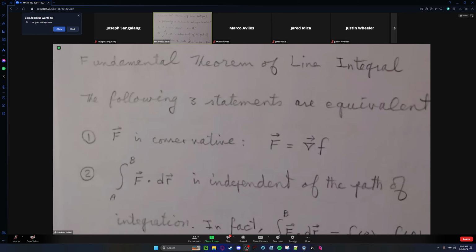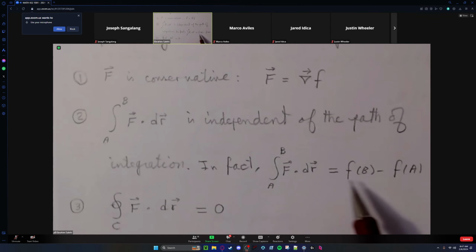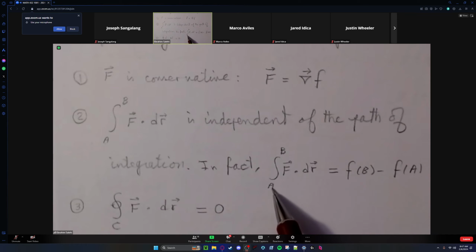In fact, we know its value will be just the potential function, when it is conservative, evaluated at the endpoint minus evaluated at the initial point.